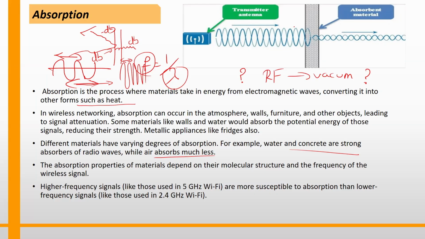In the microwave oven, the absorption happens and then it vibrates the water material that is present in the food. We will not be able to see it, but the food is made up of water, right? So that water molecule will be vibrating and heating up the food. That's what absorption can do.